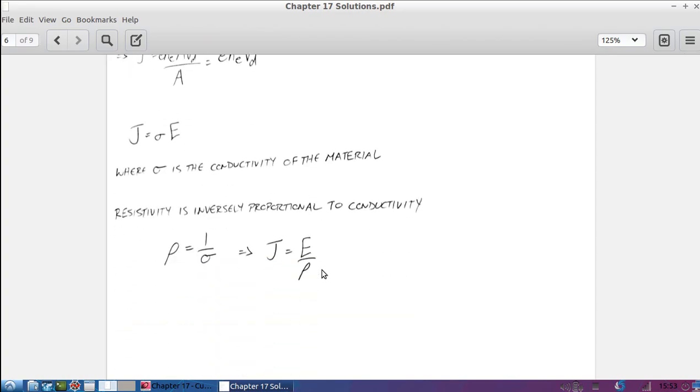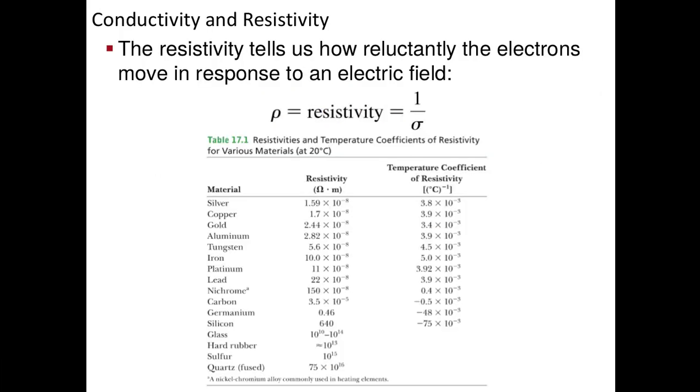We have another property. If conductivity is how well electrons pass through a material, then the reciprocal or inverse of that is what we call the resistivity. Here's that second rho that I was talking about. If you just see a plain old rho with units of ohm meters, we haven't talked about ohms yet, but this is a capital omega.